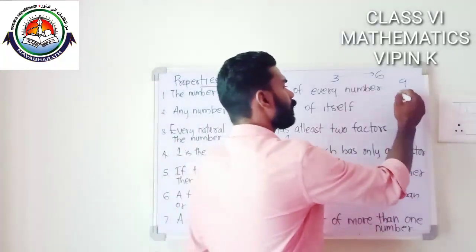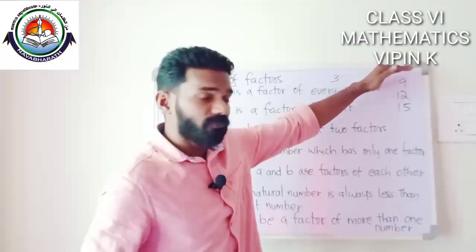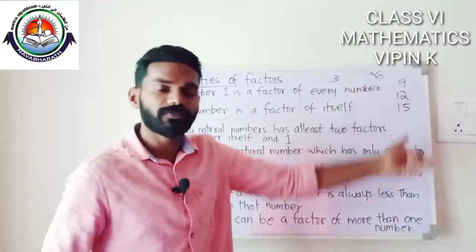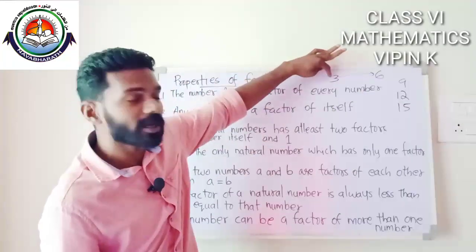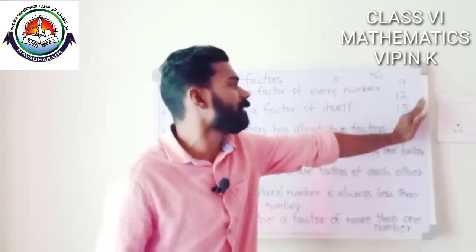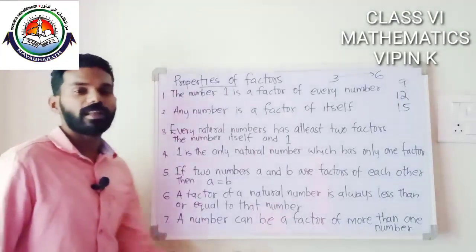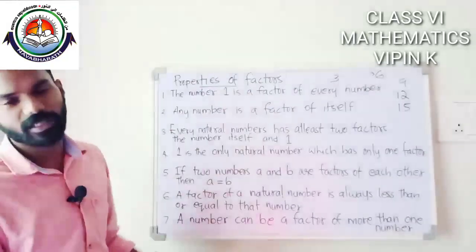Just like that for 12, 15, for different numbers, the number 3 is a factor, which means a number can be a factor of different numbers. Okay, that is what is referred to in the last property. So how many properties did we discuss here?